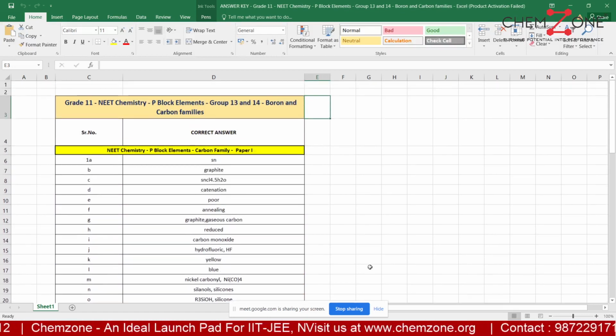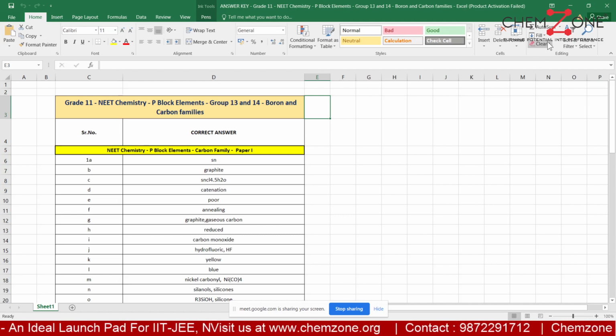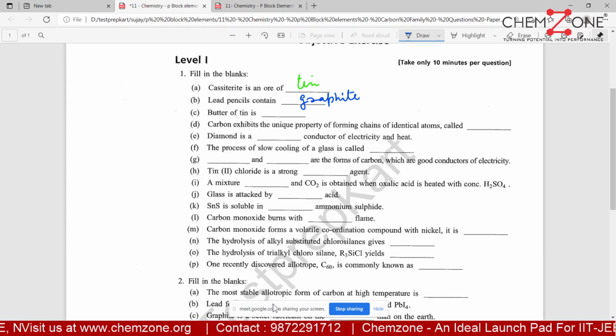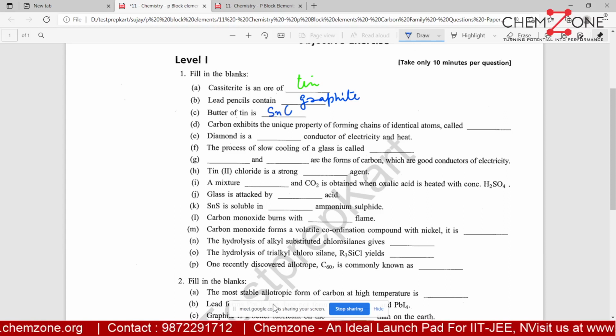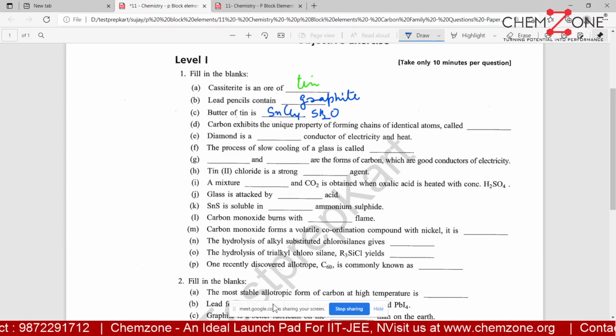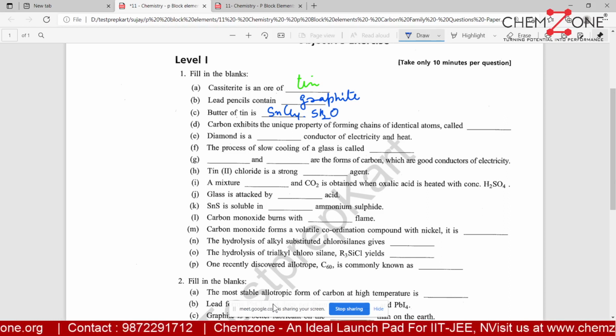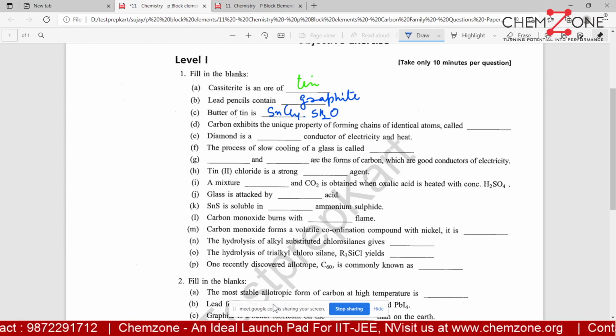SnCl4·5H2O, five water molecules. Write it down. Have you received this assignment from us? Okay, then note down these points.